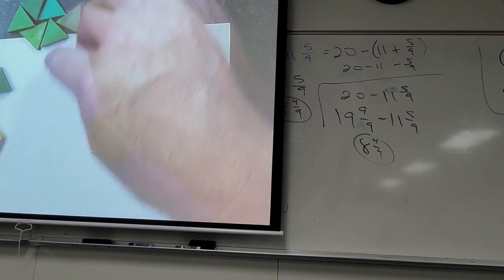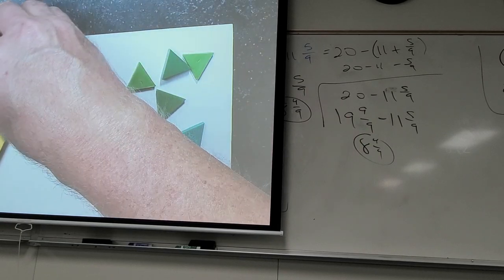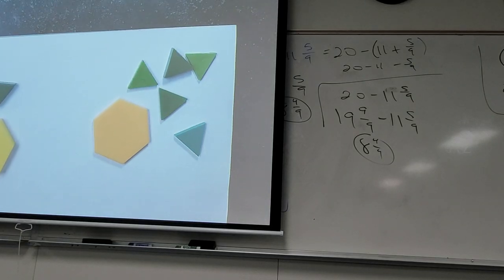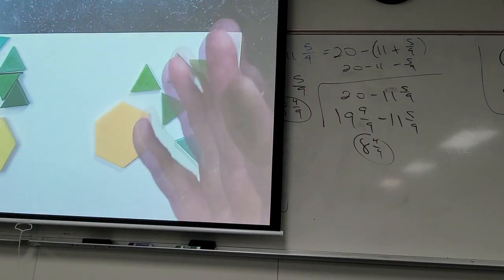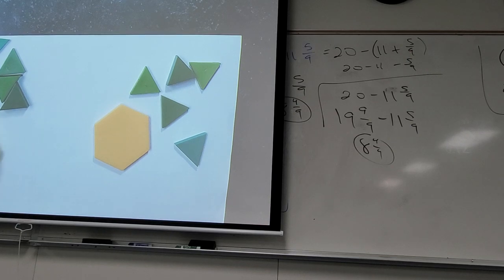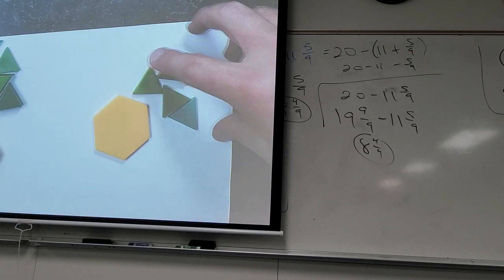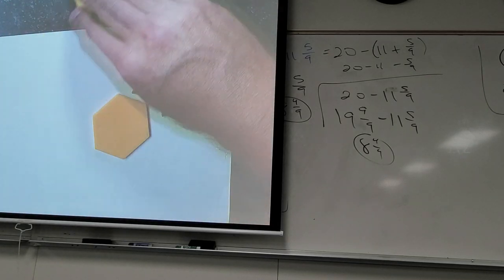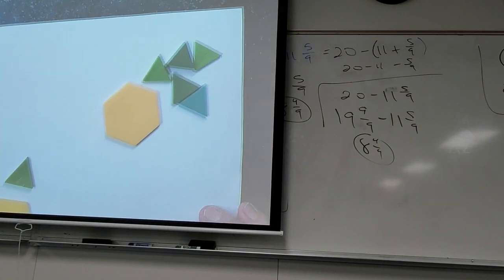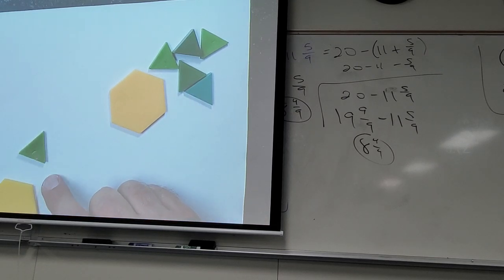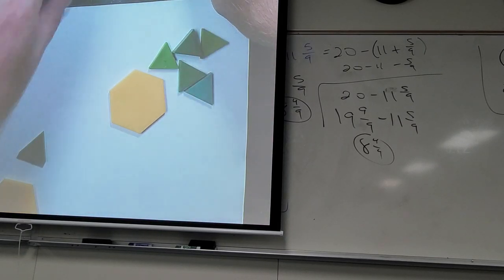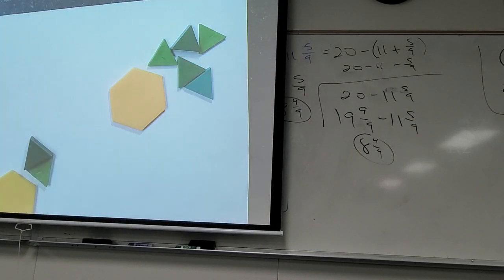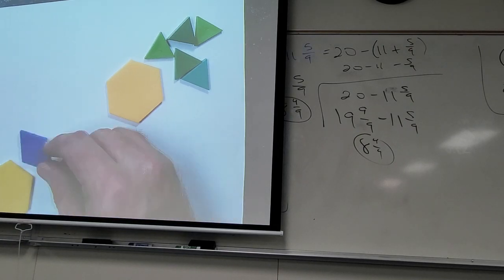So if I replace this with this, what is that the idea of? Borrow. So now I've got 2 and 7/6. So now I've got to take away 5, and I've got to take away 1. What's the answer? 1? I think so. Oh, I took away 2 minutes. There we go. So it should be 1 and 2/6, which becomes 1 and 1/3.